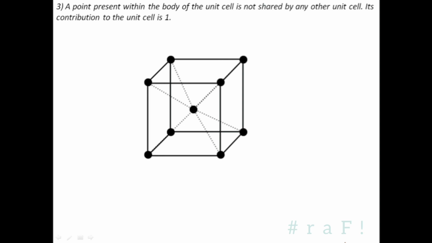In this, atoms or points are located at all the 8 corners, and in addition to this, an atom is also present at the center of the body, and this atom is not shared by any other unit cell. Hence, the contribution of such atoms to each unit cell is 1. Here the corner atom's contribution is 1 by 8, and this atom's contribution is 1.